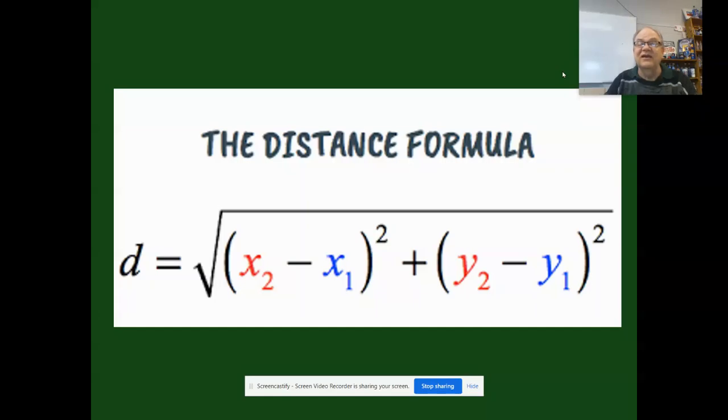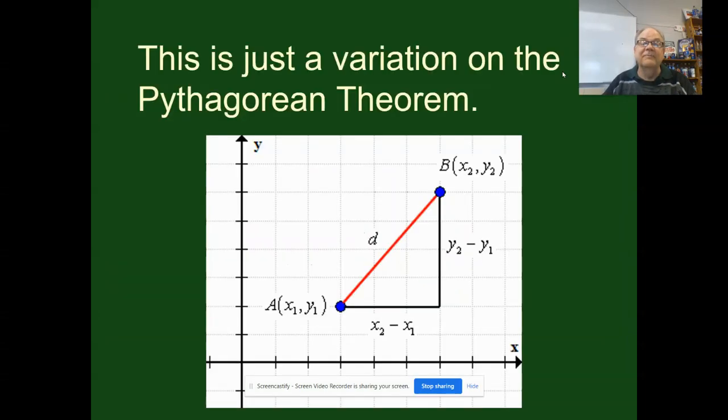What this is saying is you subtract the x's and square, you subtract the y's and square, you add them up, and then you take the square root. That's what the distance formula says to do. Subtract each part and square, add them up, take the square root.